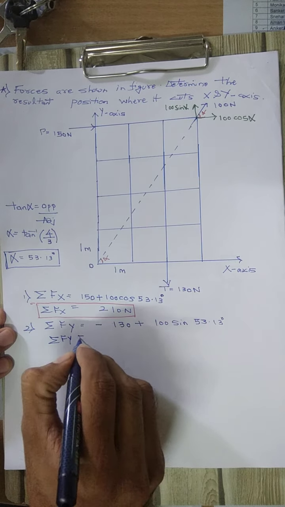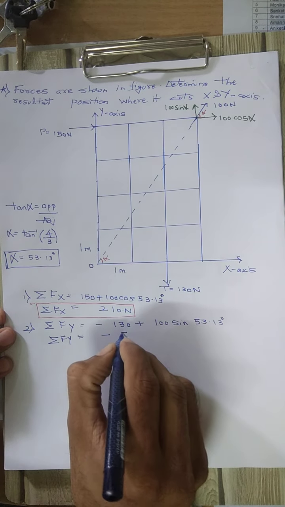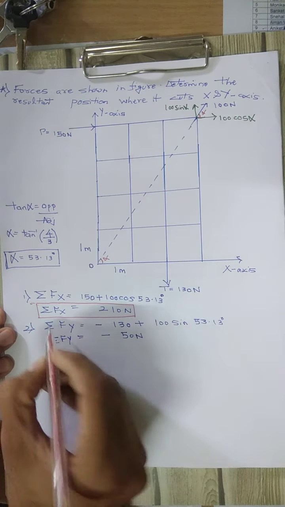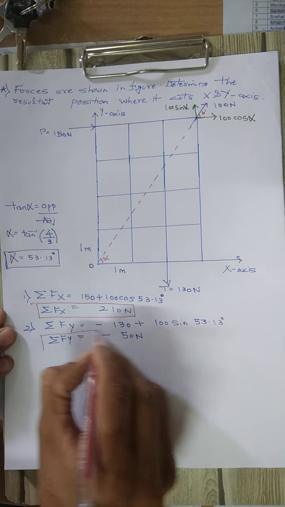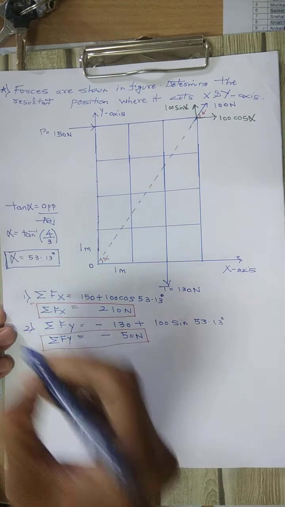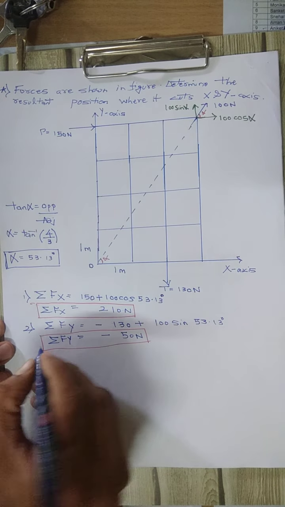Summation of Fy comes to be minus 50 Newton. So in this way we have resolved the forces along x and y directions, and we have calculated summation of Fx and summation of Fy.